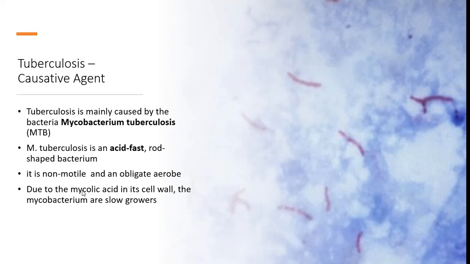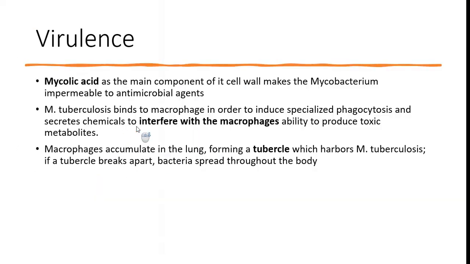So if you're taking a cell and wrapping it in wax, it's going to do two things. One, it's going to help it resist the antimicrobial effects of the host. It's going to protect that cell from that. And the second thing is it's going to make it a slow grower. And so that means that we're going to have to think about that when treating these types of bacterial infections.